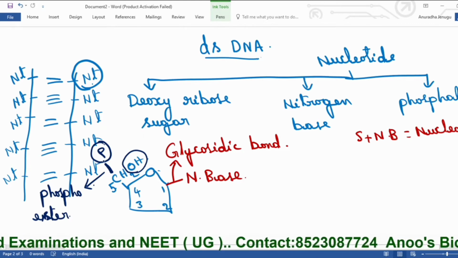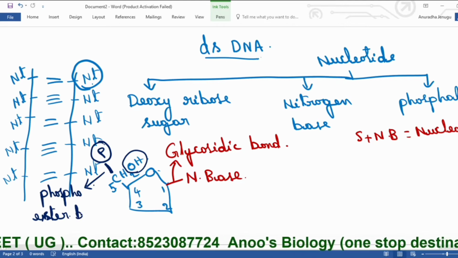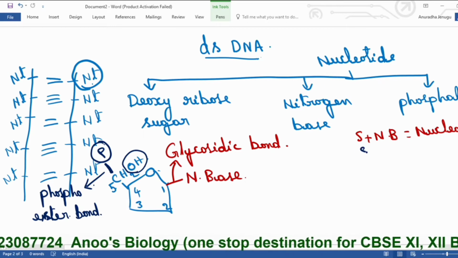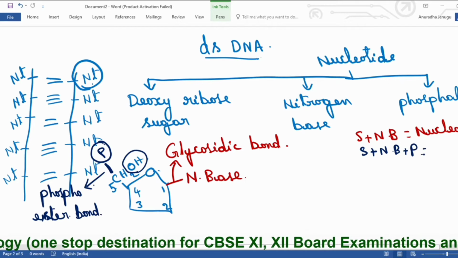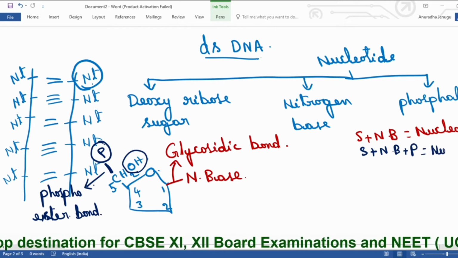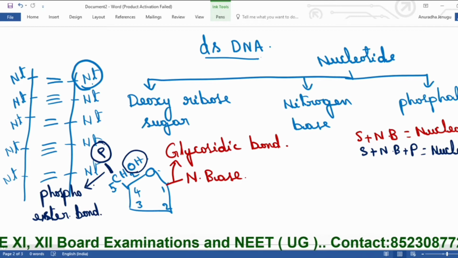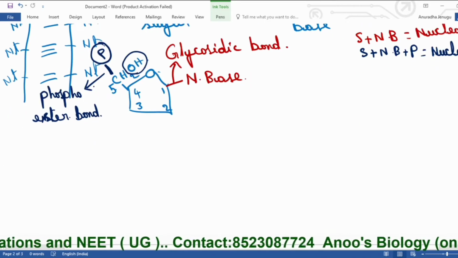Phosphate attaches with the sugar at its fifth carbon atom by the formation of a phosphoester bond. So like this, one nucleotide is formed. So sugar plus nitrogen base plus phosphate together is called a nucleotide. So now we studied the formation of one nucleotide.